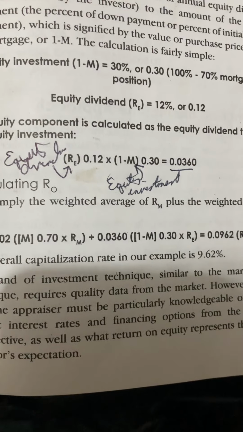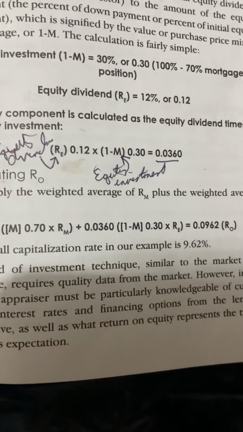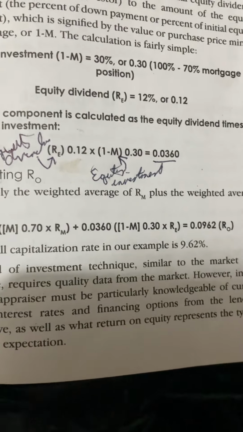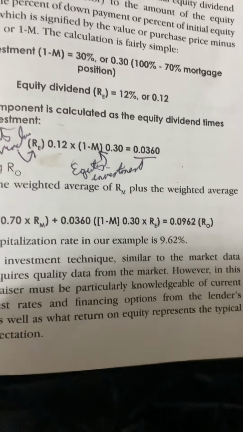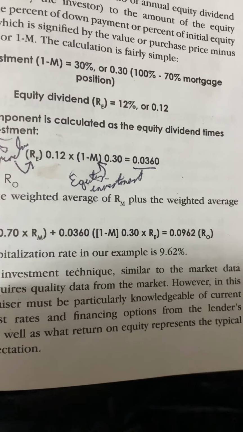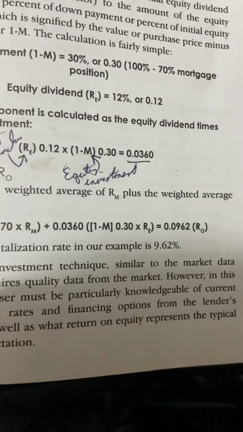Plus 0.0360. And then you have a bracket here. Equity investment is the 1 minus M symbol. 0.30 times RE, which is equity dividend, equals 0.0962 overall cap rate.